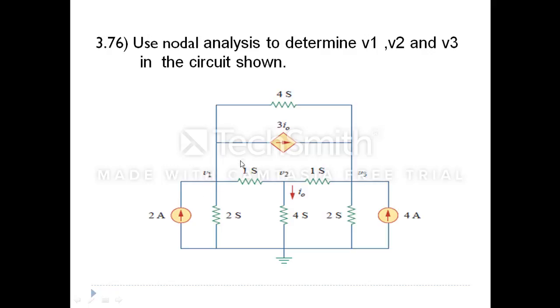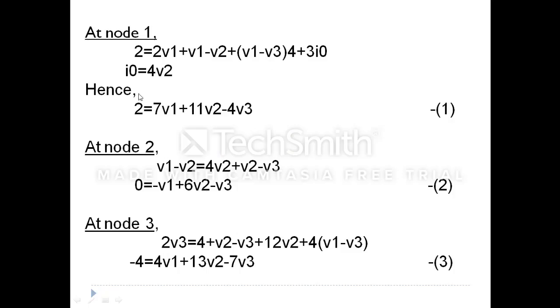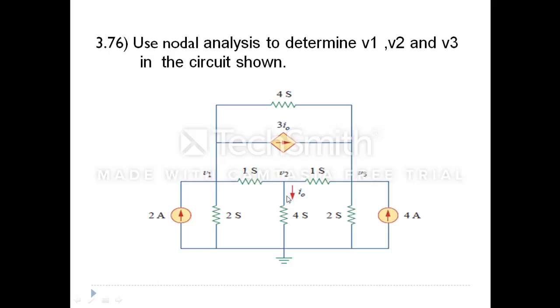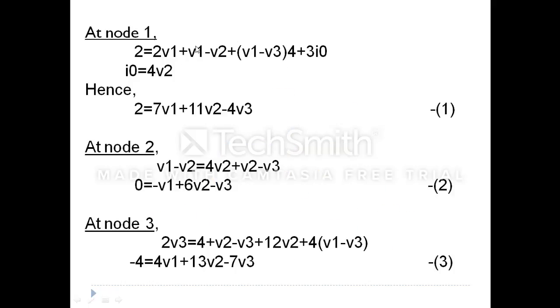Here I0 equal to 4V2, since current I0 is going in and the voltage is V2. Hence, after solving these two, you will get 2 equal to 7V1 plus 11V2 minus 4V3. Let it be equation 1.